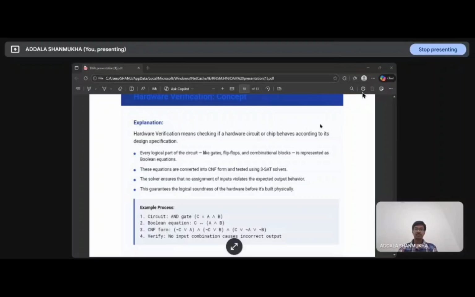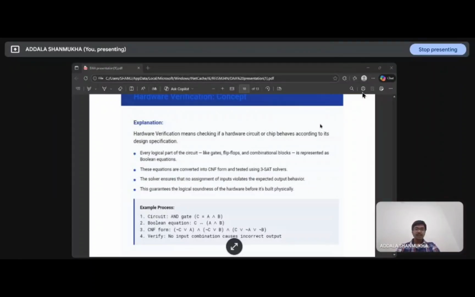CNF means a big AND of multiple OR clauses. CNF is the standard format required for SAT solving. For example, CNF: negation C or A, and negation C or B, and C or negation A or negation B. Why CNF?